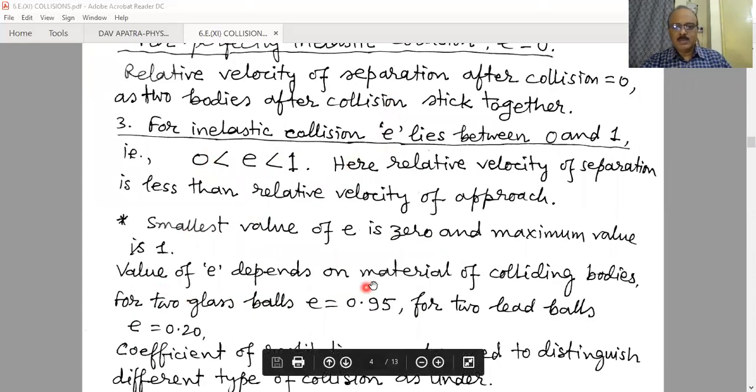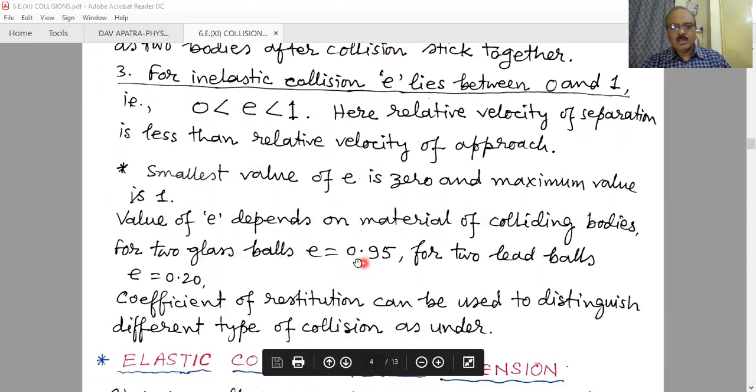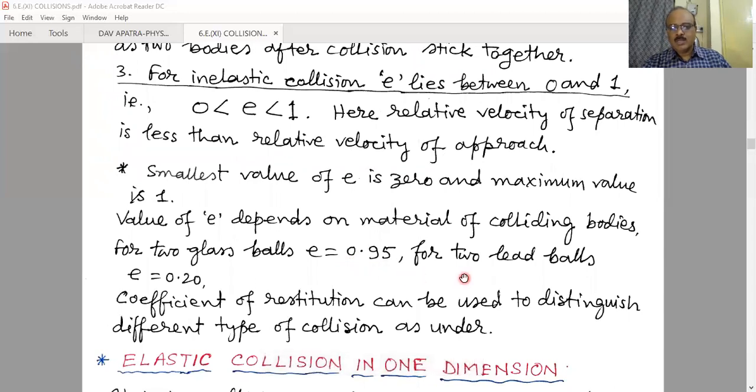The value of E depends on the material of the colliding bodies. For example, for two glass balls E is nearer to 1, about 0.95, and for two lead balls E is only about 0.2.